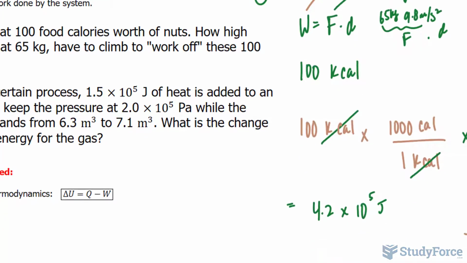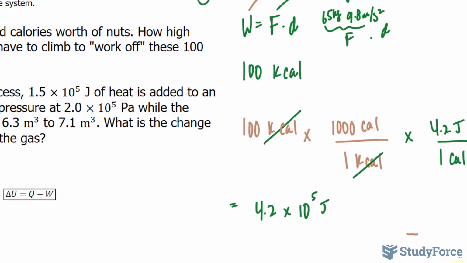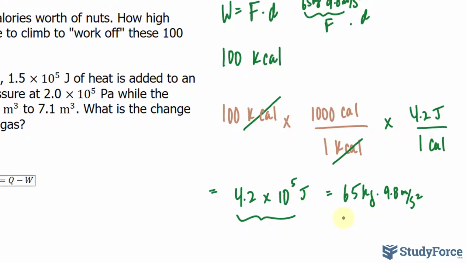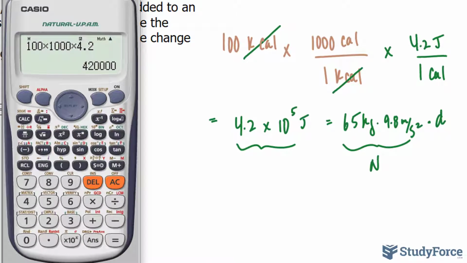So we'll take that value right there, the one that we just calculated, and make it equal to the work that we calculated as well, the one that we converted. So 65 kilograms times 9.8 meters per second squared, that gives us newtons, those units, multiplied by the distance d, which represents the climb.